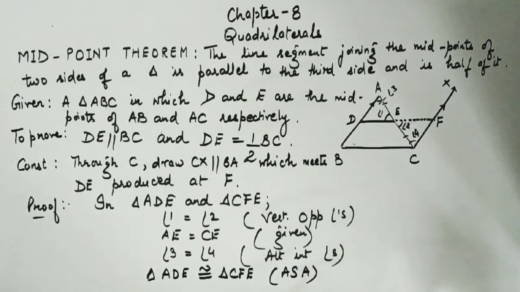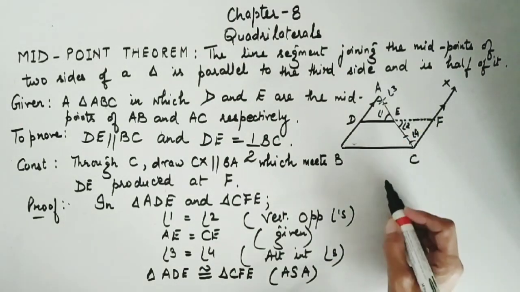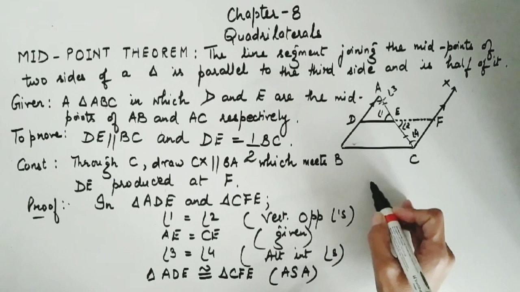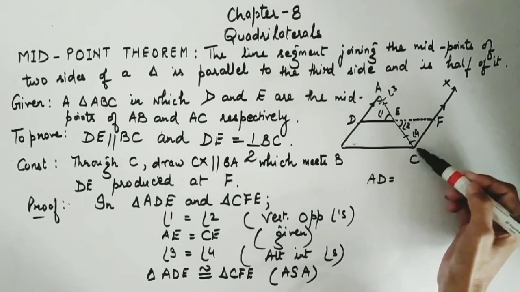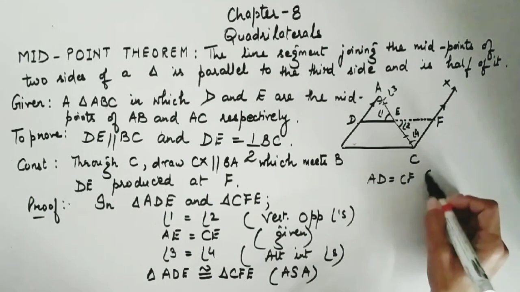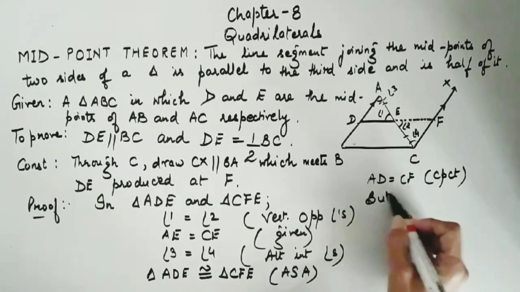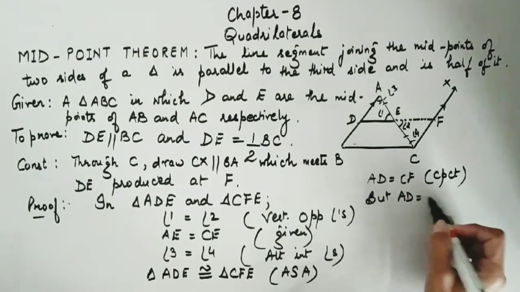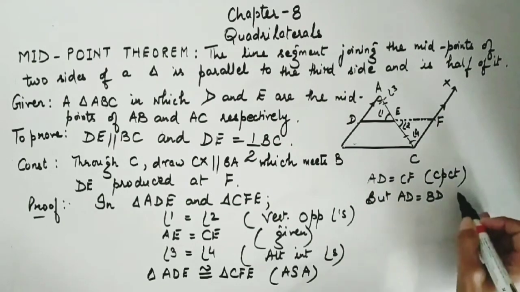Once we are able to prove that these triangles are congruent, by CPCT, AD and CF must be equal. But AD is equal to BD. Why are they equal?